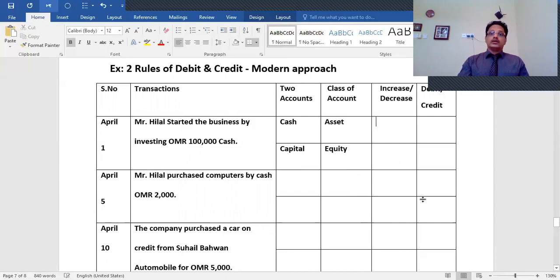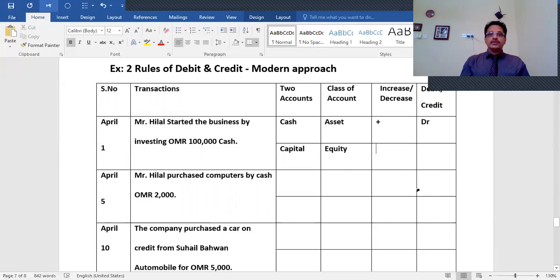Most often we group them as asset, liability, equity, and revenue. Equity or capital, revenue or income. But the best term is liability, equity, and revenue. So when Hilal started business, he brought money to the business, so his cash increases. Whenever an asset increases, it will be debit.